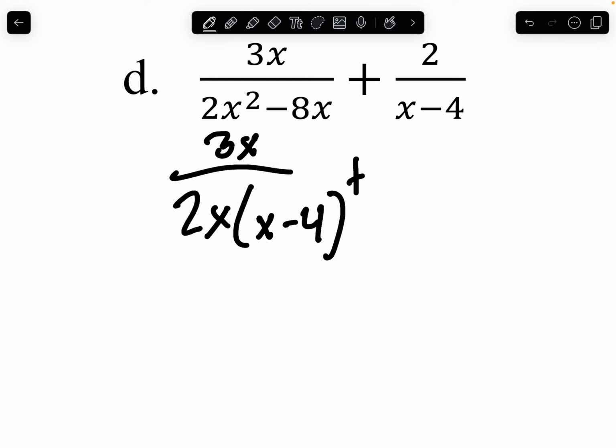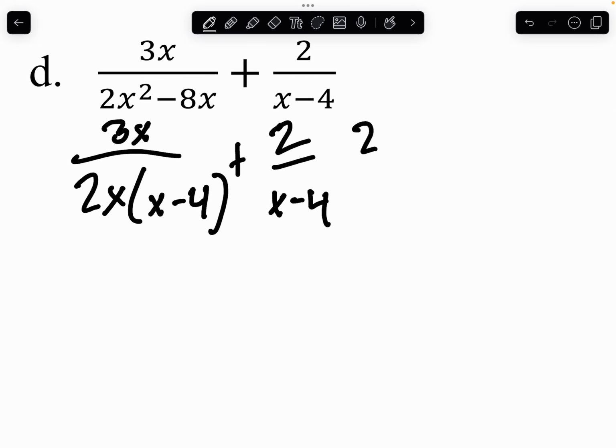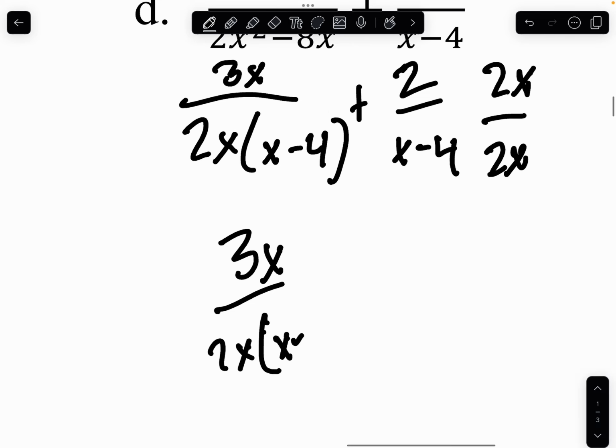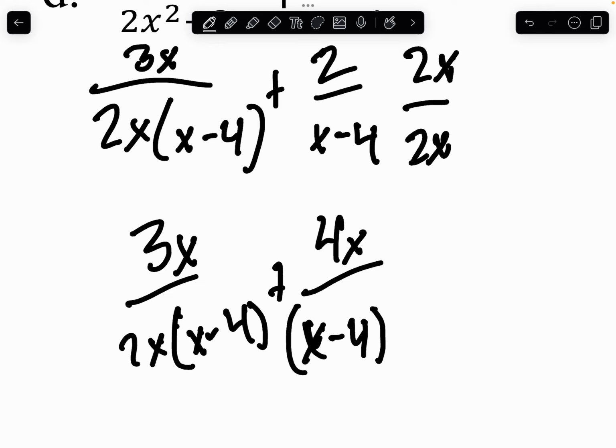And now notice they both have x minus 4. But the other side is 2x, so I multiply this side by 2x to combine them. So you have 3x over 2x times x minus 4 plus 2 times 2x is 4x over 4, or x minus 4 times 2x.